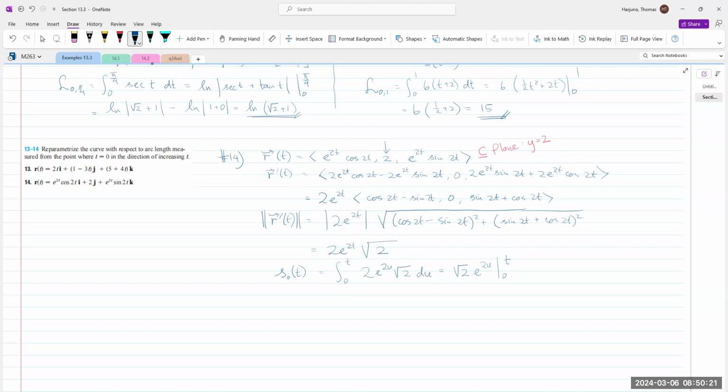Is it right? If I plug in t, I will get square root of 2 times (e^(2t) minus 1).